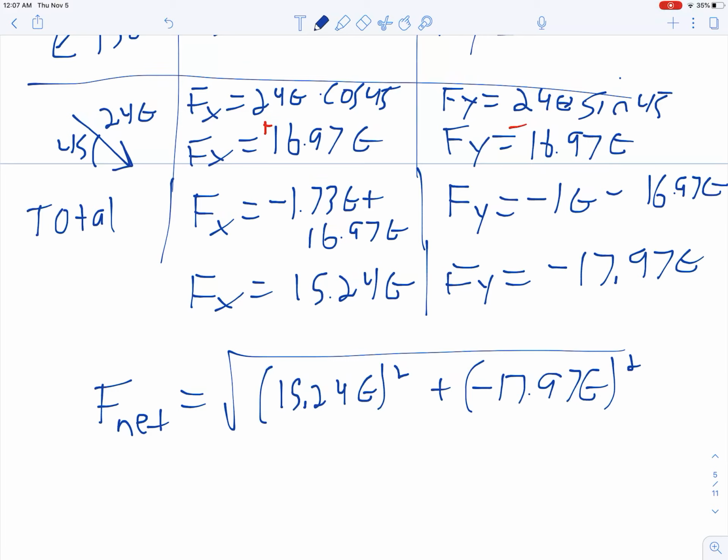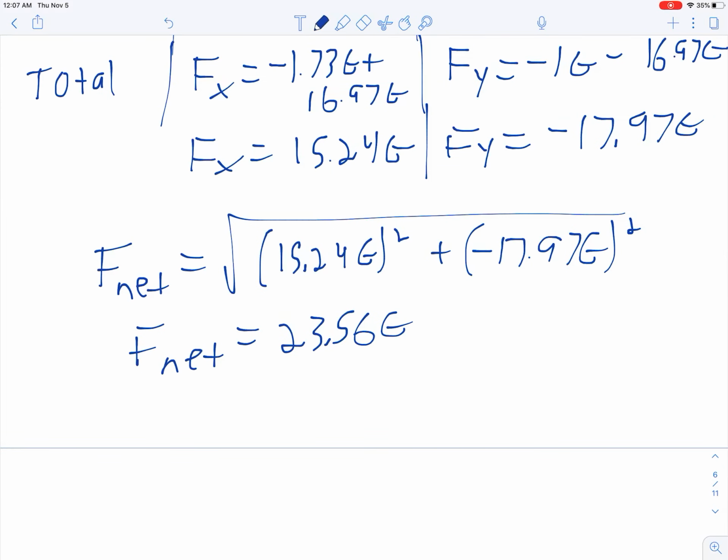I'm just going to pretend they're not even there. 15.24 squared plus 17.97 squared. In the calculator, I'm not even putting the g's in. I'm just ignoring them. So I'm just kind of carrying them through the problem. And I get 23.56g.